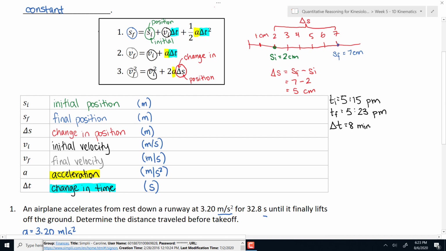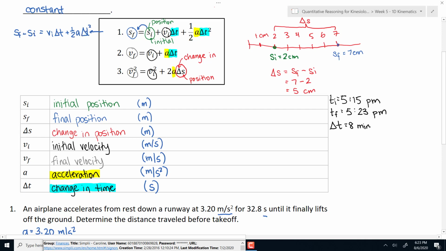Now, one thing before we continue, this first equation is going to be given to you the way you see it here, SF equals SI plus VI delta T plus 1/2 A delta T squared, on your tests and on your exam. But you can recognize that if you were to bring this SI to the left side of the equal sign, the equation can be written as SF minus SI, because remember, when you move something to the opposite side of the equal sign, it changes its sign, equals V initial delta T plus 1/2 A delta T squared.